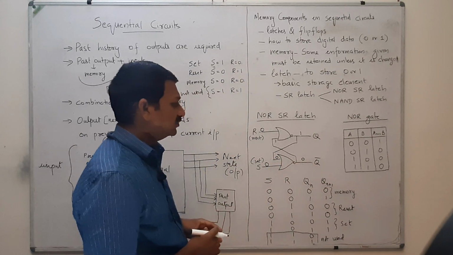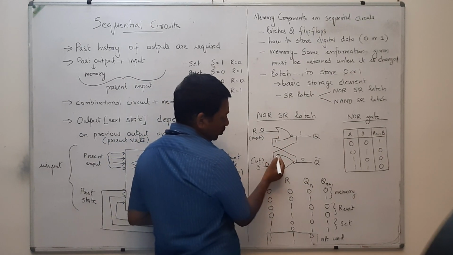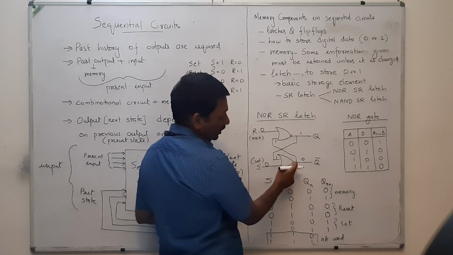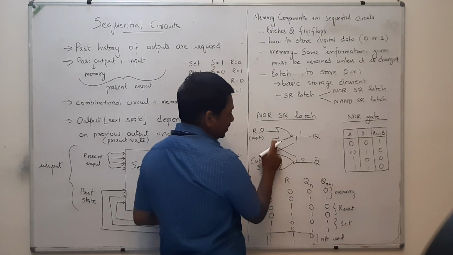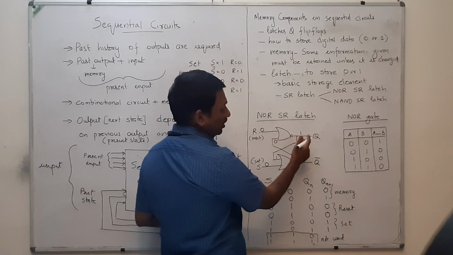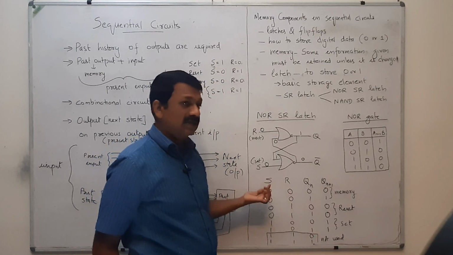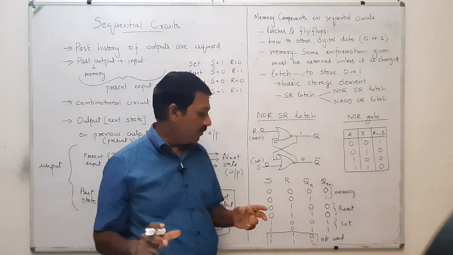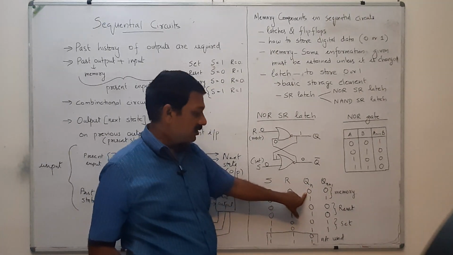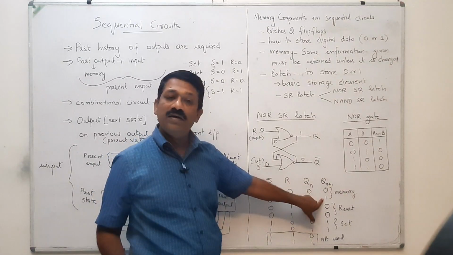Now 0 OR 0 is 0, and when you take the negation it will be 1. That 1 is fed to the other gate: 1 OR 0 is 1, and taking the negation gives 0. That means it is stabilized. So if the set and reset inputs are 0 and 0, it retains the previous information. If Qn, the previous output, is 0, it retains that 0. If it is 1, again it will retain that value.